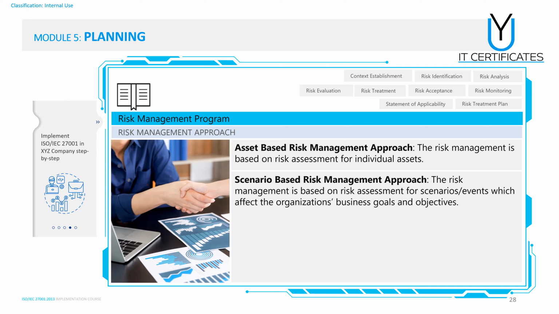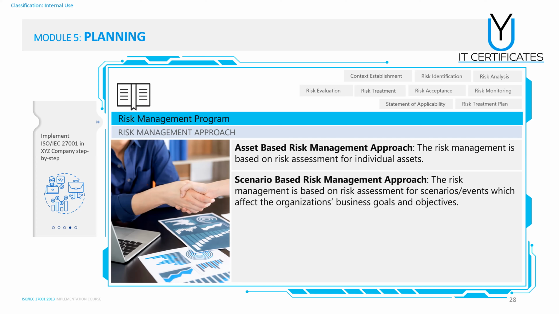It is easy to understand the weaknesses and the threats, and we can define the risk level. But the main problem with asset-based risk management is that if you have any event which affects multiple assets together, its effect may be higher than the effect of risks that affect the assets individually.